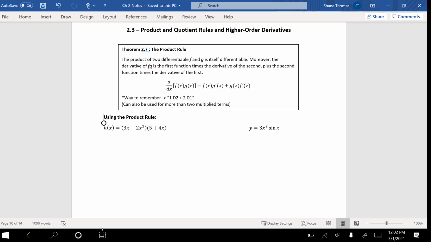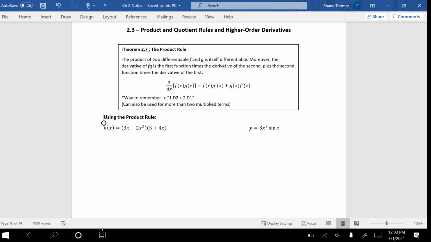See down at the bottom I put a way to remember? This is how I learned it and how I remember it to this day. If you memorize that phrase, 1d2 plus 2d1, that means first one times the derivative of the second plus the second one times the derivative of the first. You remember that, you're going to be just fine.